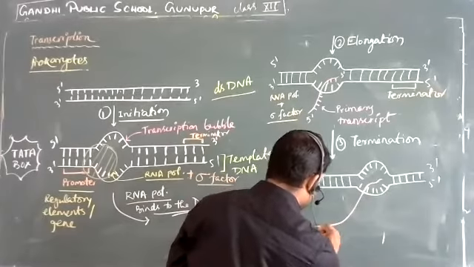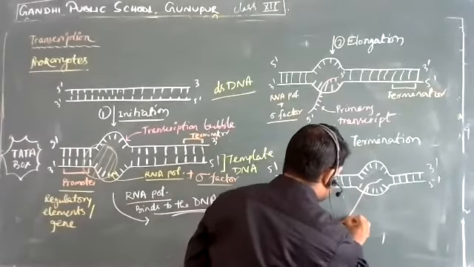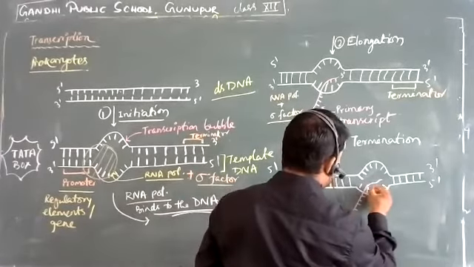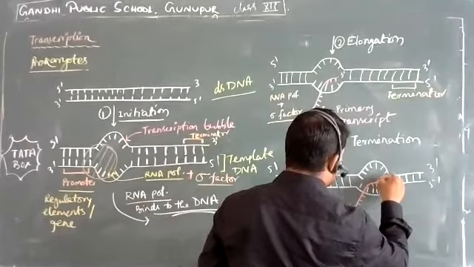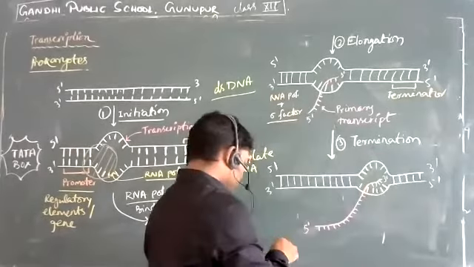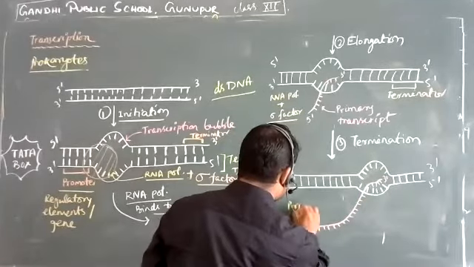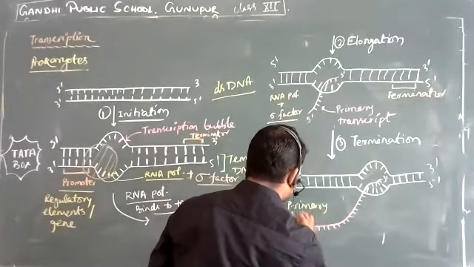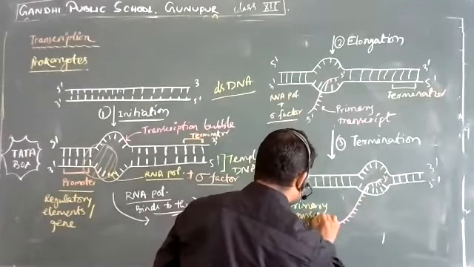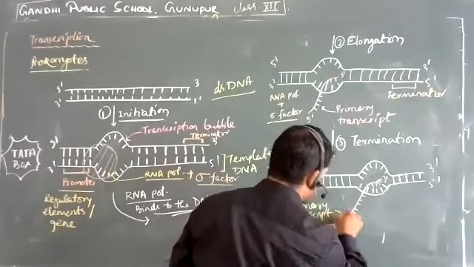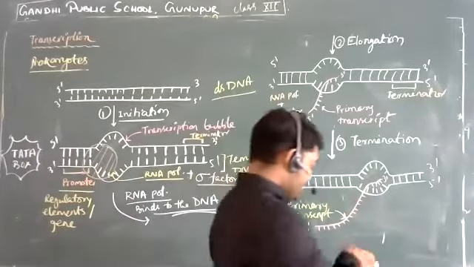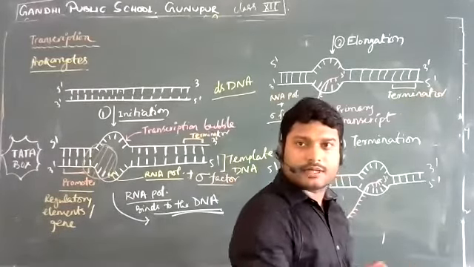So 5 prime, and you have the nascent mRNA, 3 prime end. So this is my primary transcript. Are you able to understand?